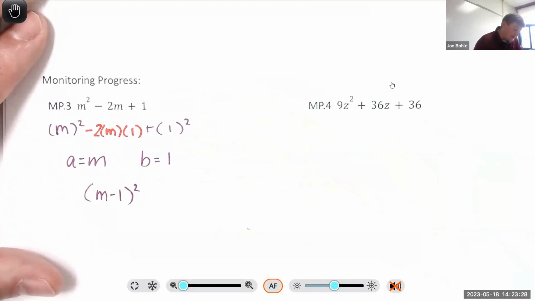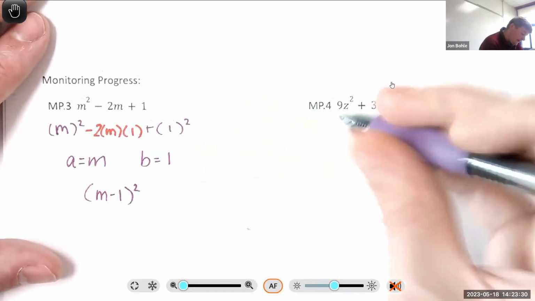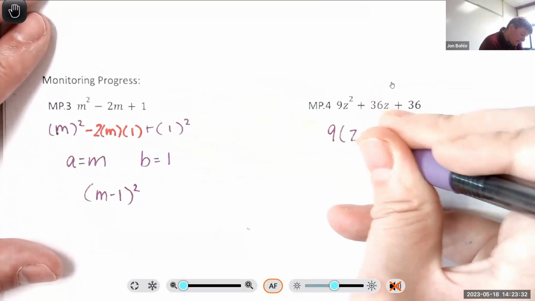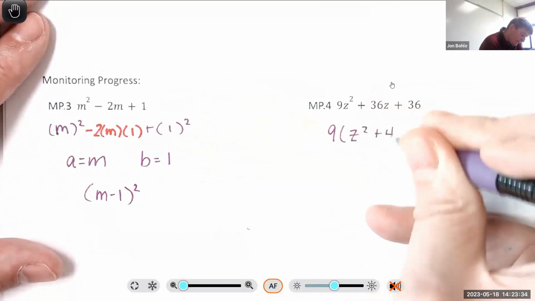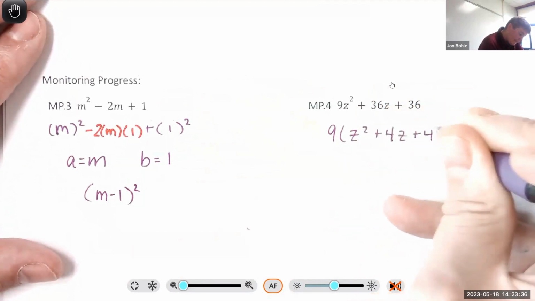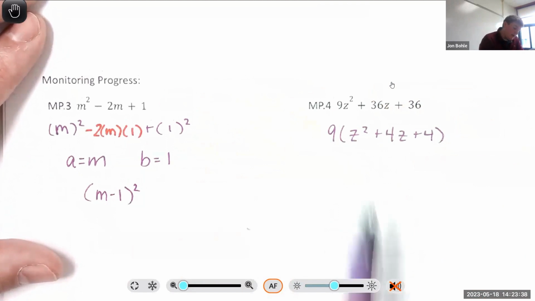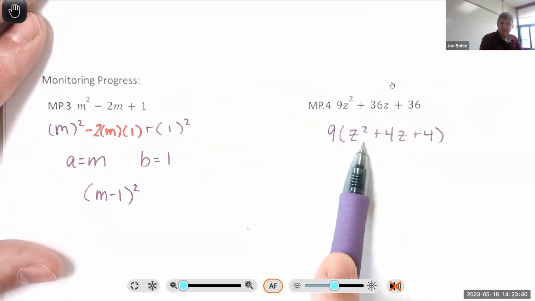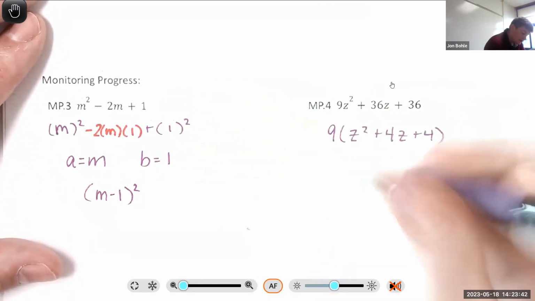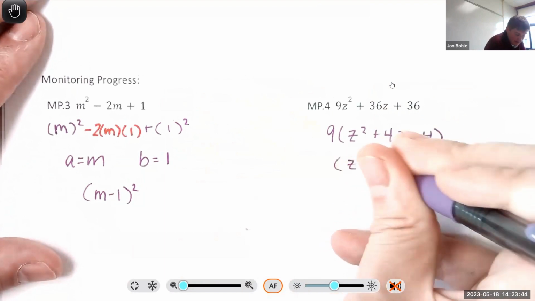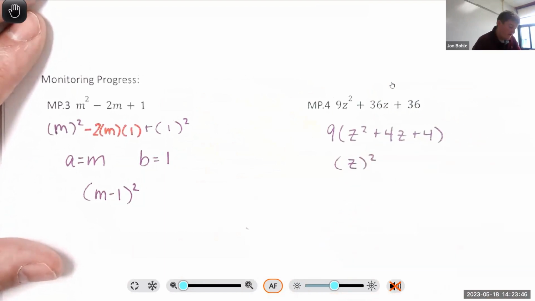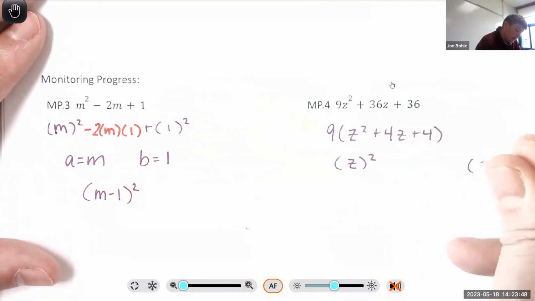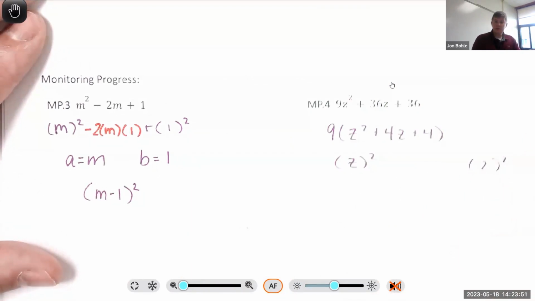Okay, this one you've got to be careful. It's got a greatest common factor of 9. So I need to take that greatest common factor out. Now I have a z squared, that is the perfect square. You multiply z by itself to get z squared. 4 is a perfect square also, so it's 2.